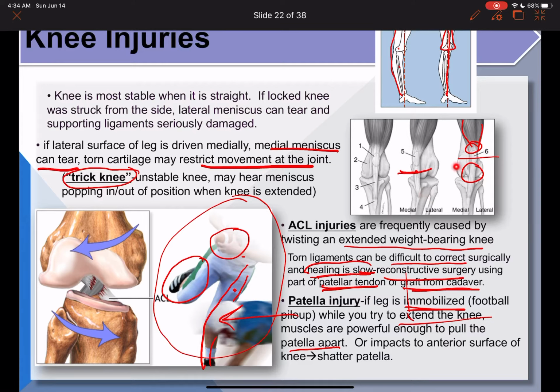So either will lead to dislocation of the patella bone. Or if someone kicks you, for example in soccer, they have those metal cleats on the bottom of the shoes. Someone accidentally kicks you in the knee really strongly, it can actually shatter this patella bone. And of course, then it needs to be replaced.